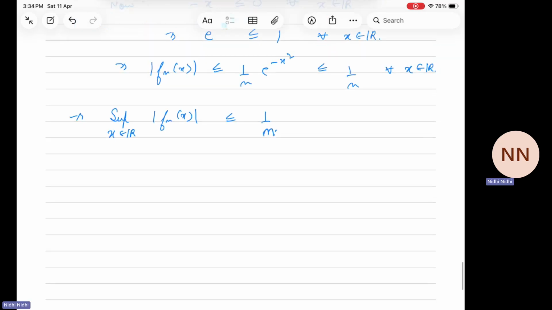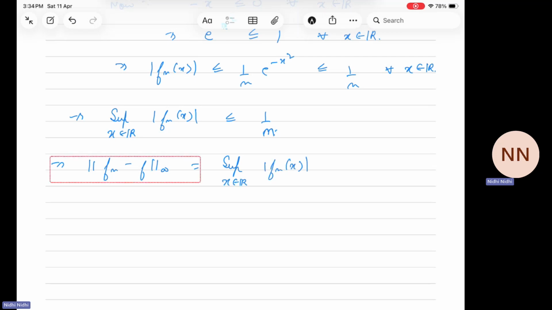That gives us the sup norm of fn minus f, which was actually equal to supremum over x in R of mod fn(x). Now this is less than or equal to 1 by n.